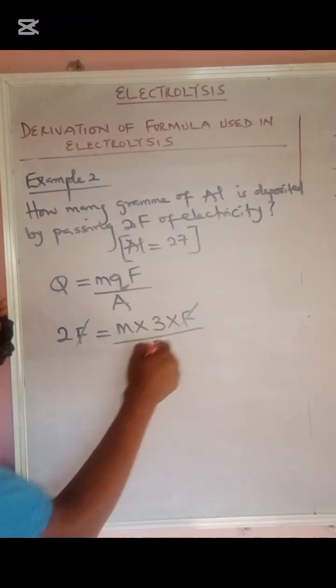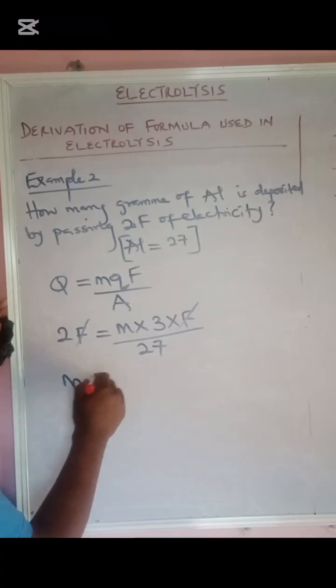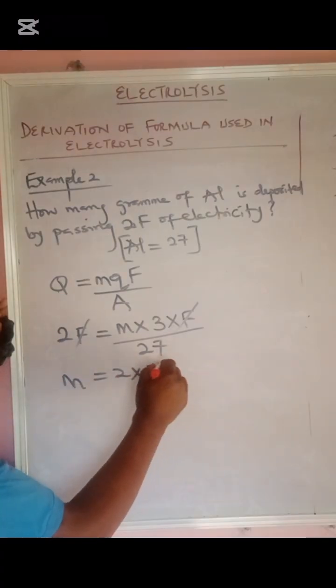You can see F cancels F, making M. M is equal to 2 times 27 over 3, which is 18 grams.